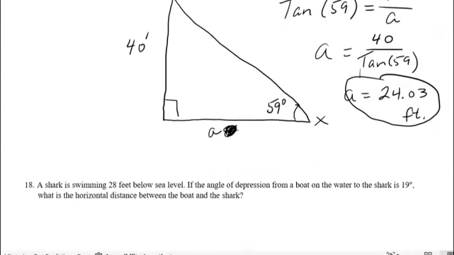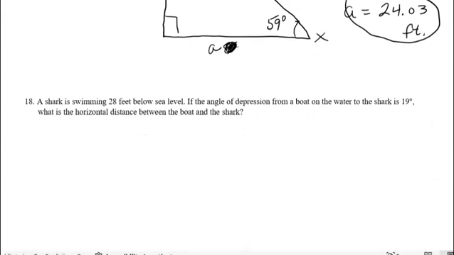And then number 18 is going to be an angle of depression problem. So an angle of depression is starting off at a horizontal looking down. Okay, so we have this shark swimming 28 feet below sea level. The angle of depression from a boat on the water to the shark is 19 degrees.